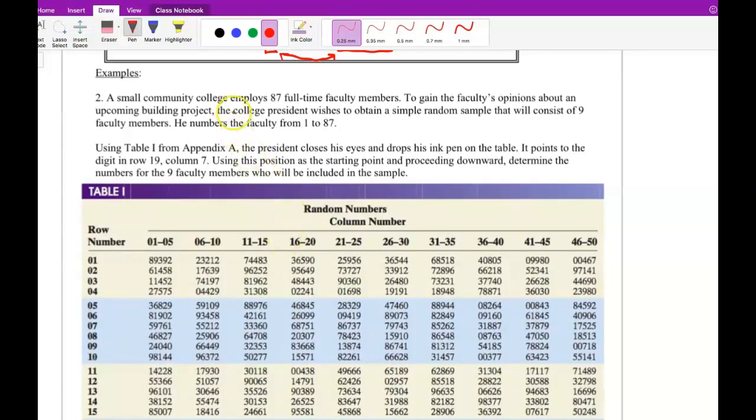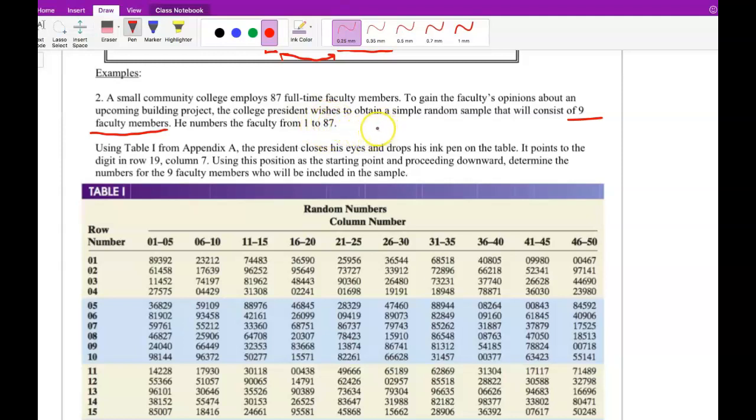A small community college employs 87 full-time faculty members. To gain the faculty's opinions about an upcoming building project, the college president wishes to obtain a simple random sample that will consist of 9 faculty members. He numbers the faculty from 1 to 87. I don't want to write it as 1 digit, 1 to 87, because here we have 2 digits.